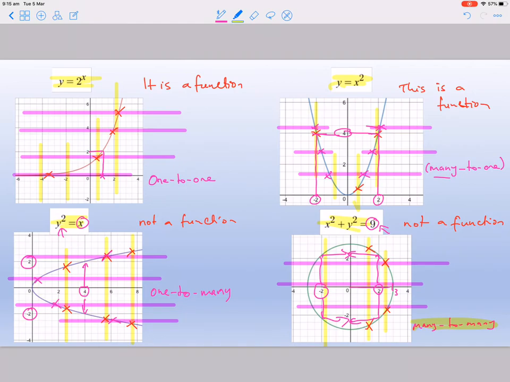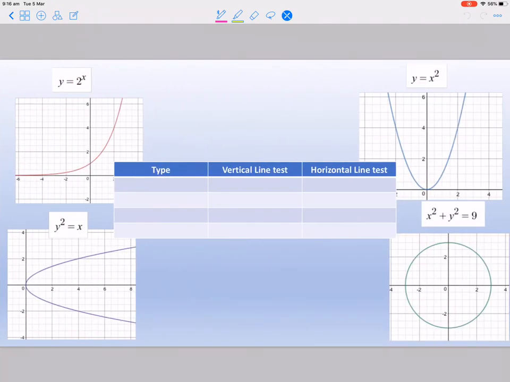So these are the 4 types of relations that we can have. Let's put it into a table so we can categorize it. I've got the 4 types that we used as examples. Obviously there are many more, we just have to do the vertical line test. The first one we looked at was 1 to 1.